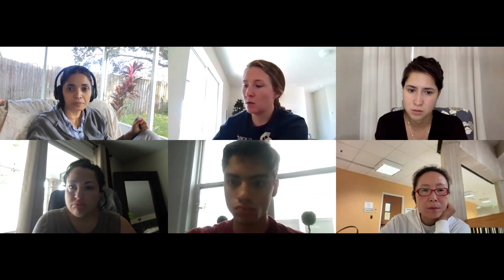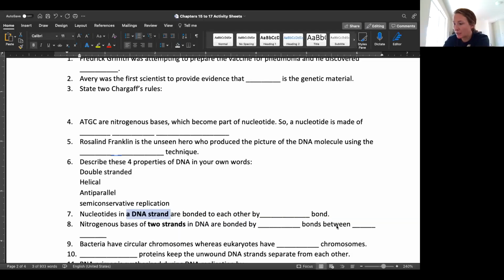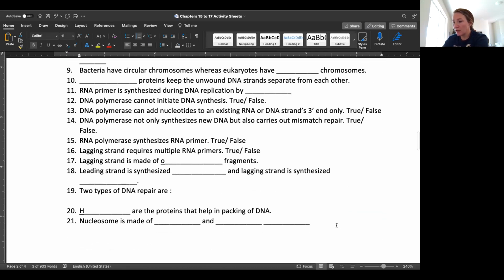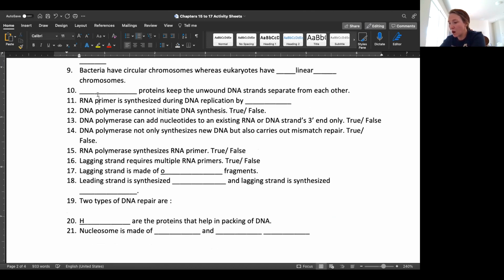Okay, continue, Brittany. Number 9: bacteria have circular chromosomes, whereas eukaryotes have linear chromosomes. Yes. Number 10: helicase proteins keep the unwound DNA strands separated from each other. Number 11: RNA primer is synthesized during DNA replication by RNA polymerase.